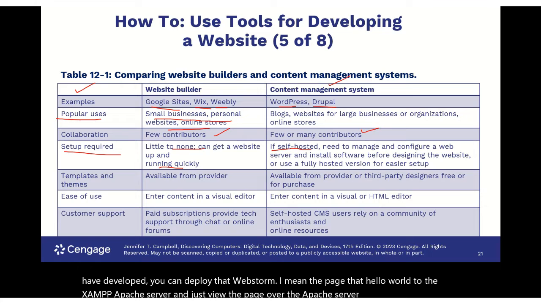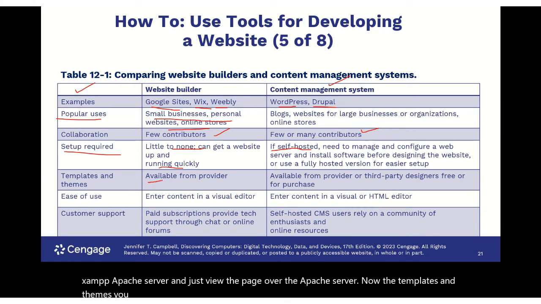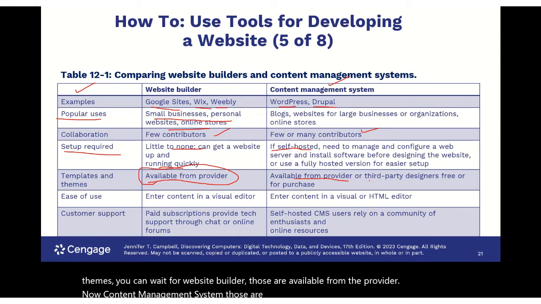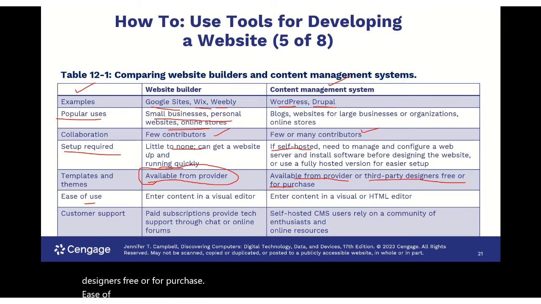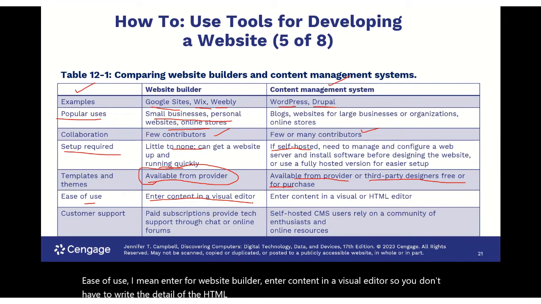Now the templates and themes: for a website builder, those are available from the provider. For a content management system, those are available from the provider or third-party designers, free or for purchase. Ease of use: for a website builder, you enter content in a visual editor, so you don't have to write the details of the HTML tags. You can write them, but you can just use a simple visual editor to accomplish that.